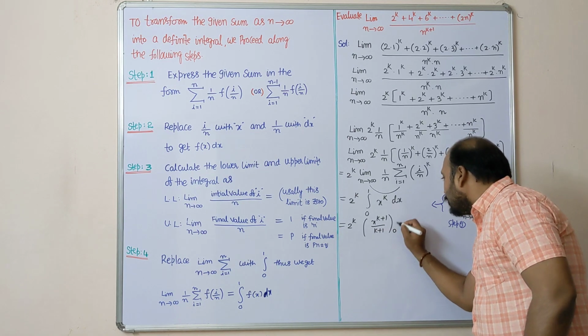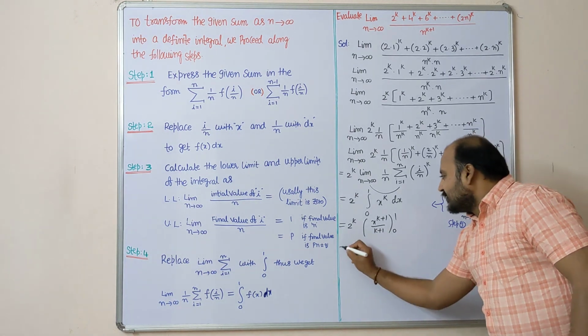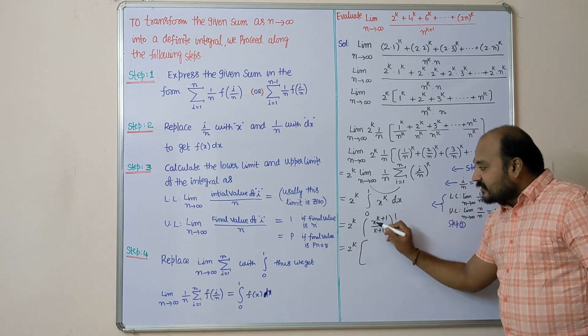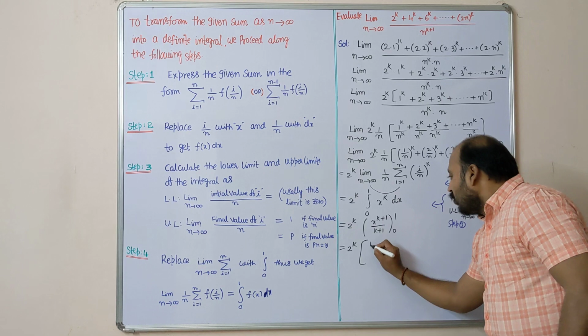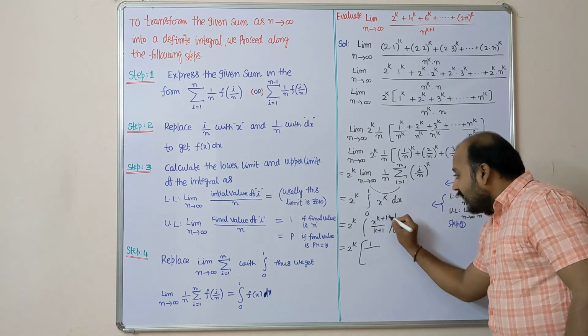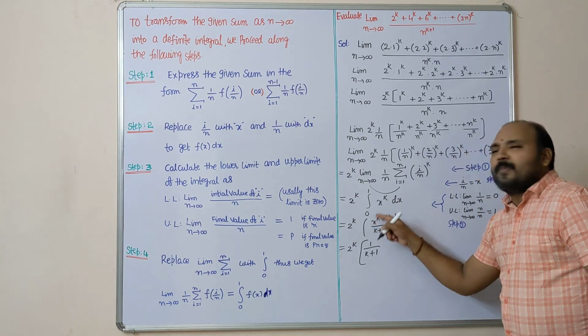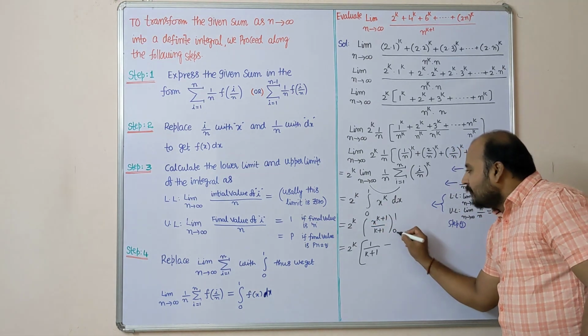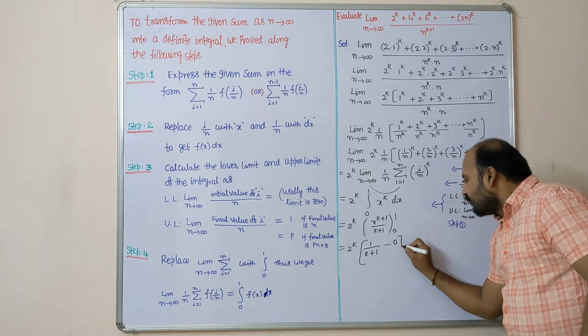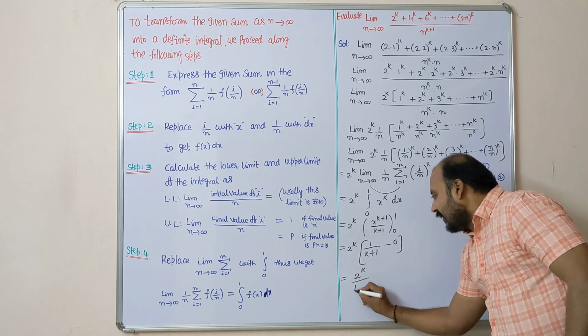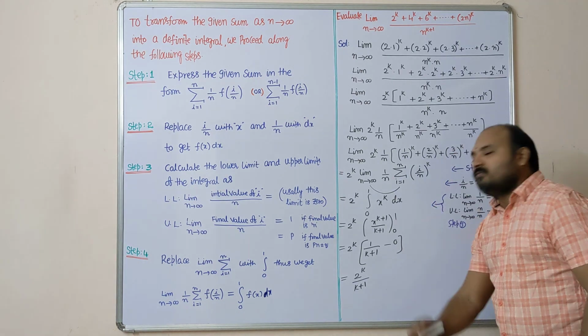Applying the limits 0 to 1, which is equal to 2^k. In place of x, substitute 1, 1^(k+1) is 1 power anything is 1 only. Minus, in place of x, substitute 0. So that is equal to 2^k by k+1.